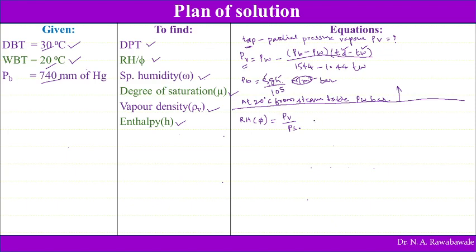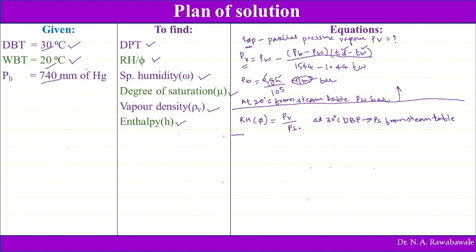Corresponding to the dry bulb temperature, the saturation pressure PS we can know from the steam table. By knowing this saturation pressure in bar, and PV in bar, we can find out relative humidity RH.